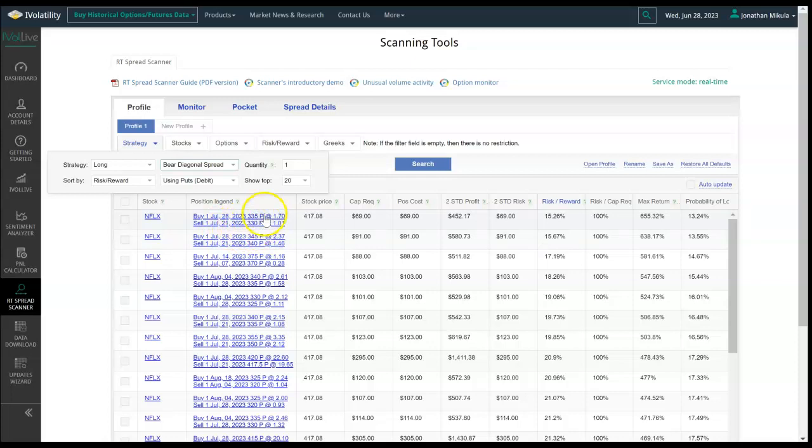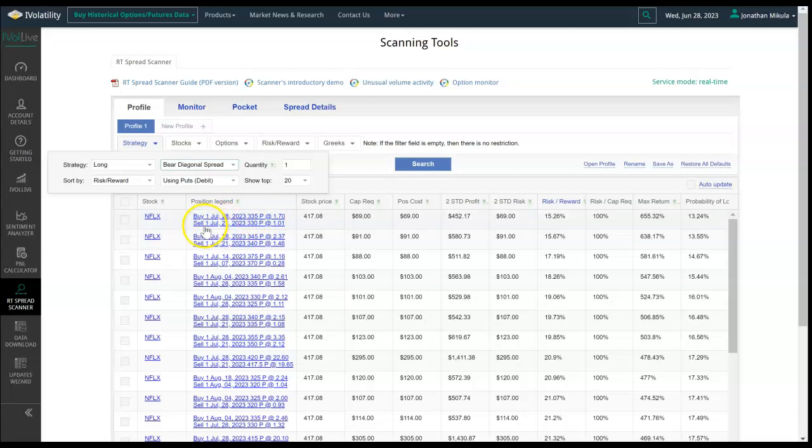So it's going diagonal. And what's happening here in a perfect world is we want the shorter term option that we're selling to expire worthless, right? So we keep 100% of the premium we earn when we sell it. And then we want the price action to really take off on the other leg of the trade where we're buying.